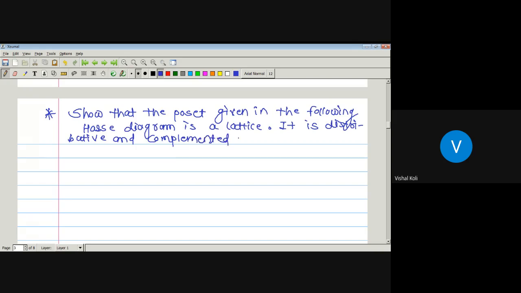Okay. So first we have to show that this is a lattice from the given Hasse diagram. First let us see the Hasse diagram.